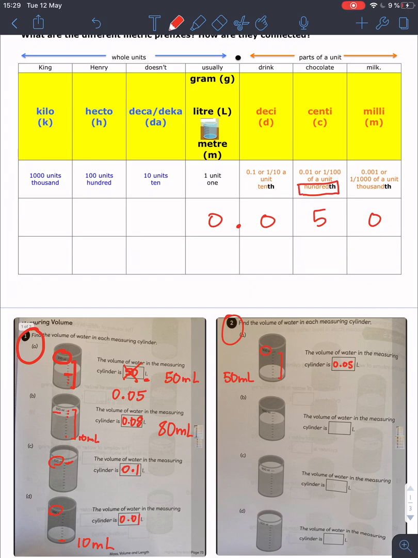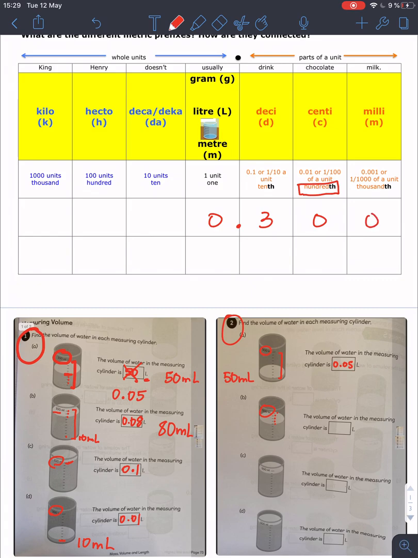In this next cylinder, again, it's a capacity of 500. Each of these tick marks is 50 milliliters, and it looks like we have 6 of them here. I'll count backwards, so that's 10, 9, 8, 7, 6. There are 6 50 milliliters. 6 times 50 is 300.